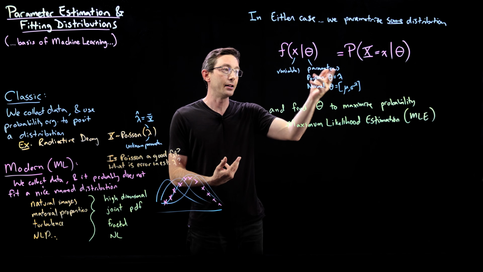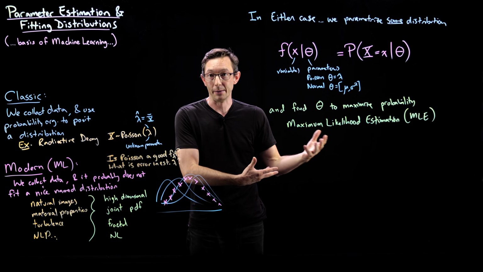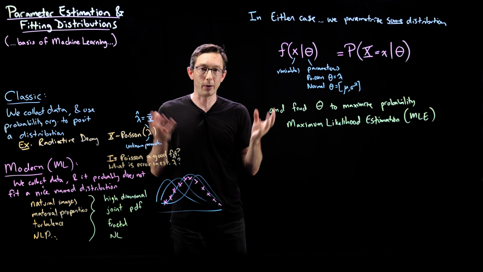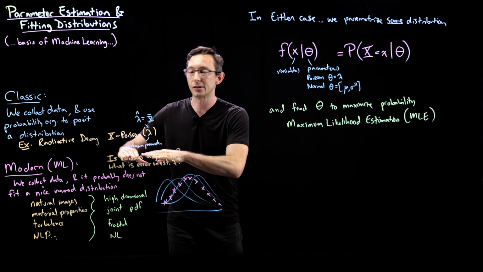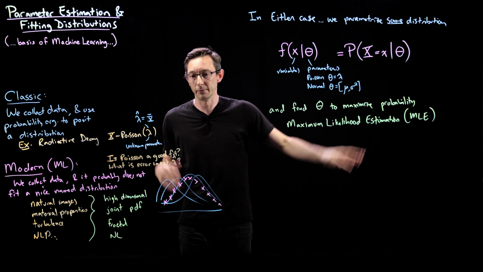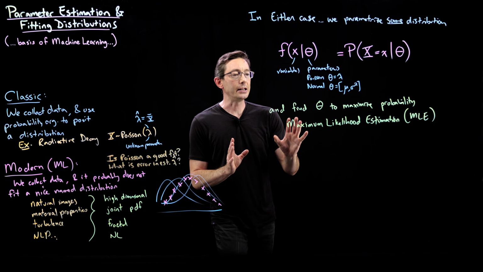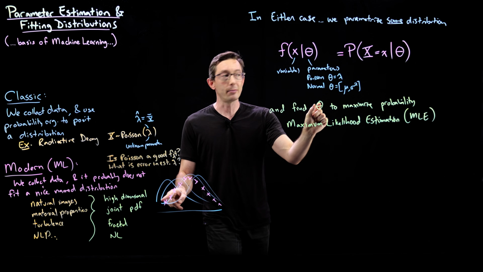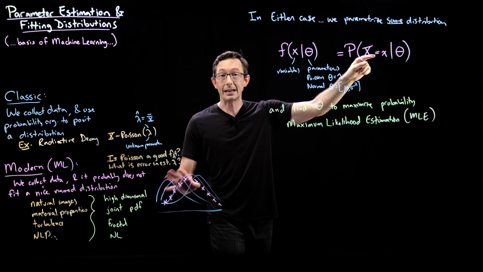In the case of Poisson, our parameter is theta equals lambda. Okay, so here theta is just a generic parameter variable, and then in specific distributions we'll use specific variables like lambda or mu or sigma squared. Good, so that's the idea. We're trying to find theta that maximizes the probability of our data fitting that distribution.